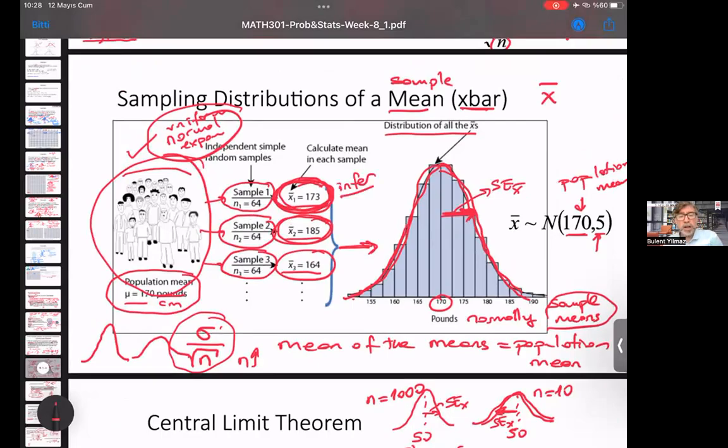I will say my sample mean is 183, and I know from history that it was 170. So can I say whether the height changed significantly or not? We can infer about this finding.